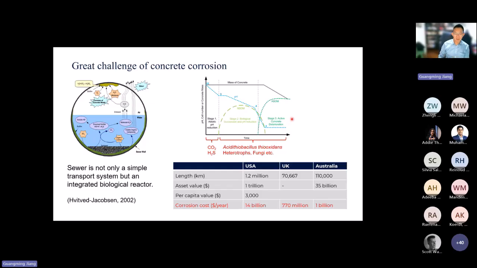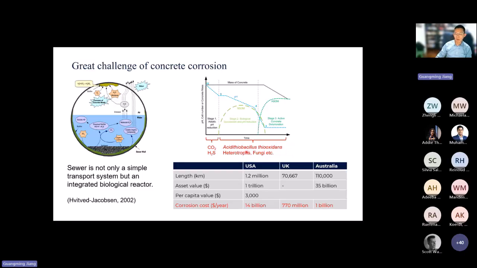You already heard from our previous two speakers and also from Scott about the roles of microorganisms. Here for the MIC of concrete, there are some well-known ones, Acidithiobacillus, which is the most widely accepted microorganism causing the problem.